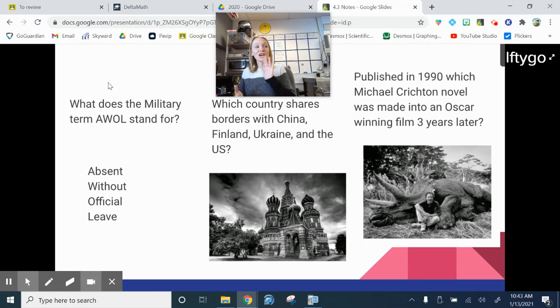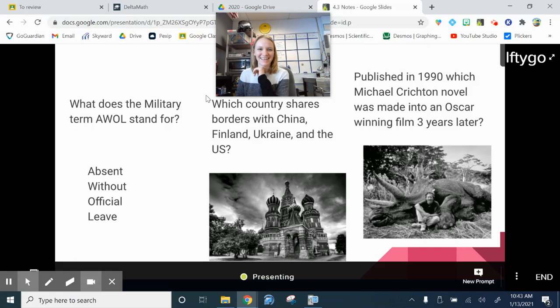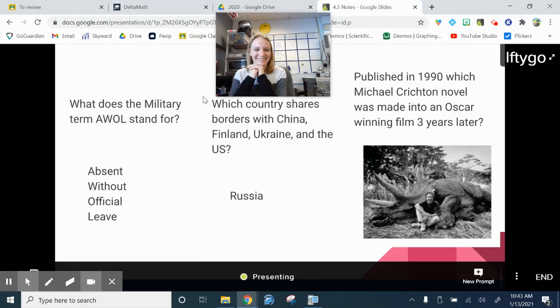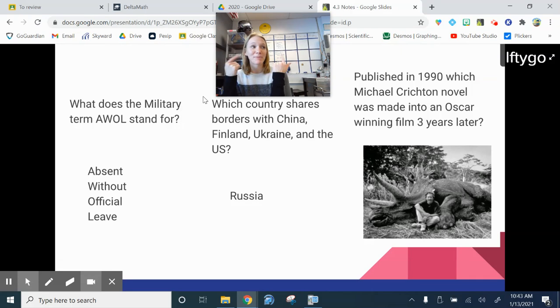All right, how about this one? Which country shares borders with China, Finland, Ukraine, and the United States? Russia. Russia it is. What's nice about having to do these pair decks is that when I put the trivia in, I remember it because it hasn't been a whole year since I've seen it. So I'm like, yes, I know the answer's right.